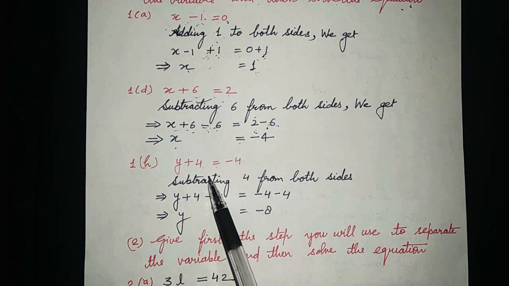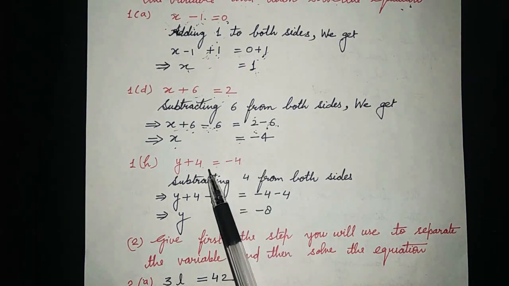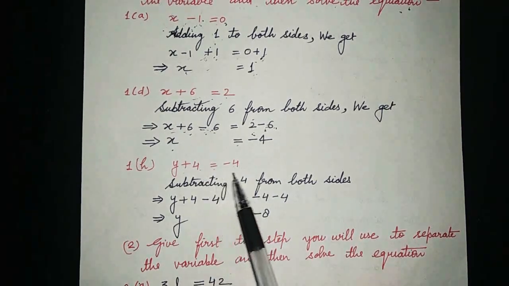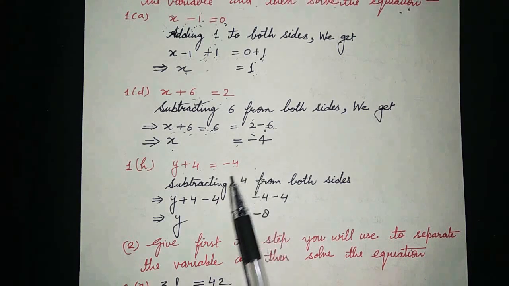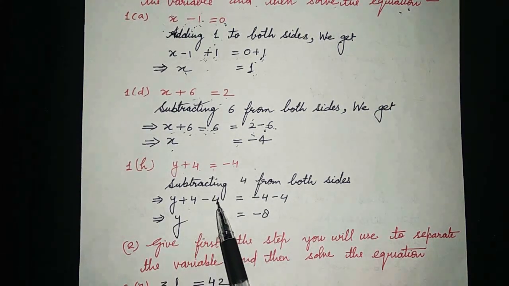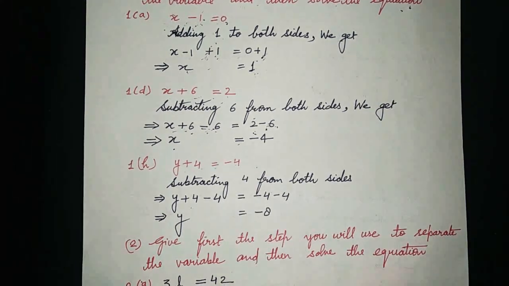So what will we do? Here we will subtract 4 from both the sides. And after subtracting 4 from both the sides, you will get this step: y plus 4 minus 4 is equal to minus 4 and then minus 4.